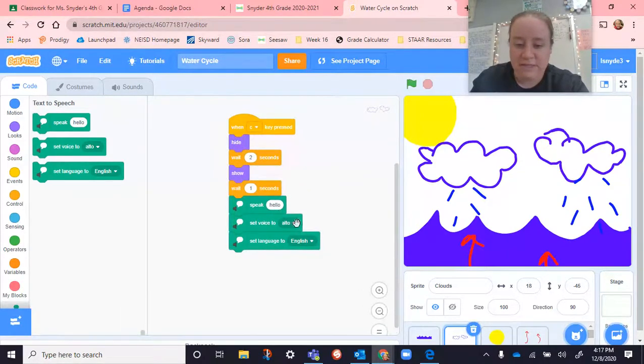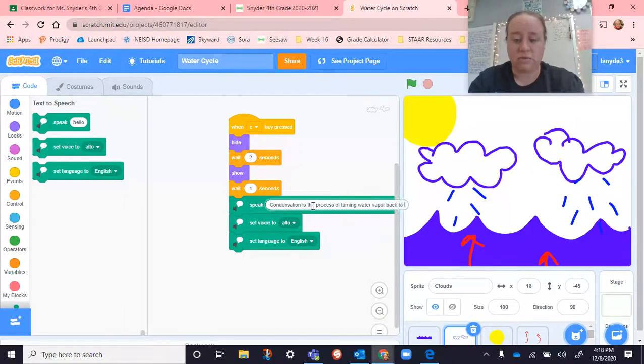All right, so for condensation, I'm going to add my speech ones, and this time I'm going to say condensation is the process of turning water vapor back to a liquid.